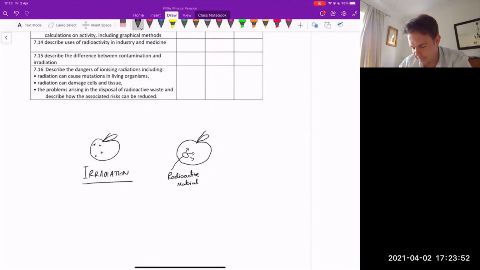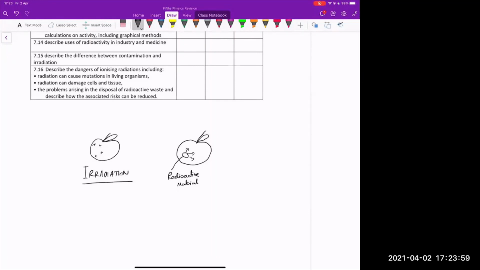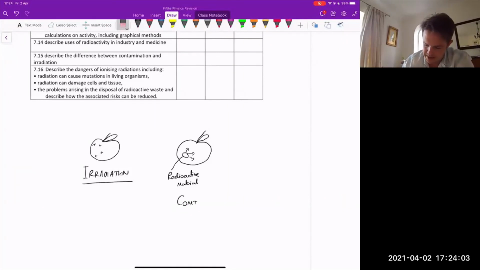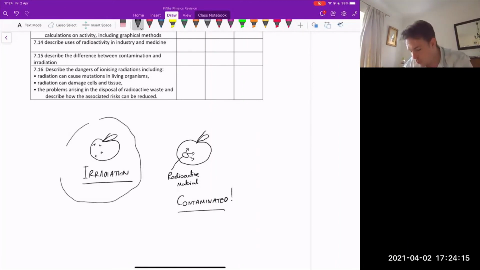But because now the apple has got some radioactive material on it or inside it, it'll continue, right? Then you would describe it as contaminated, because now there is radioactive material present. Whereas if it's just been irradiated, there's no radioactive material present afterwards.